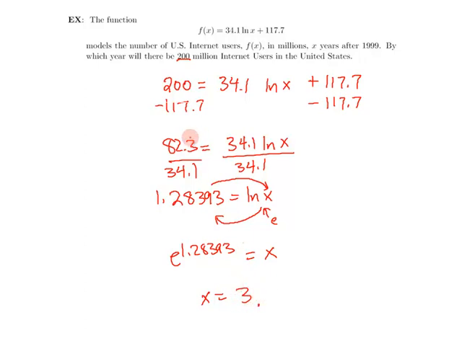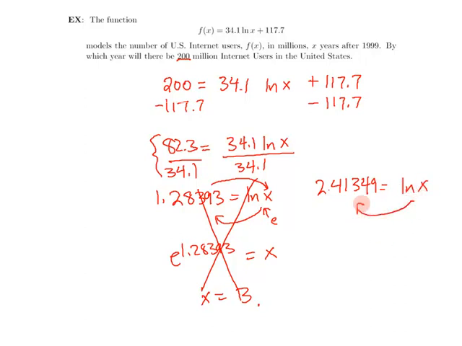Here's the mistake. If I double check this in my calculator, 82.3 divided by 34.1, I don't get this, so this is wrong. I get 2.41349. And you may have got that if you were doing this on your own in your calculator.